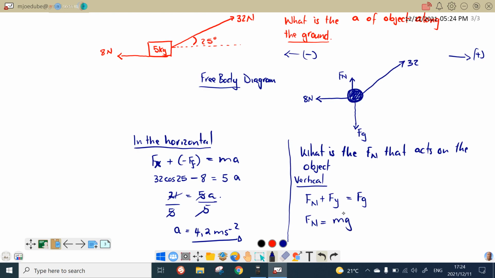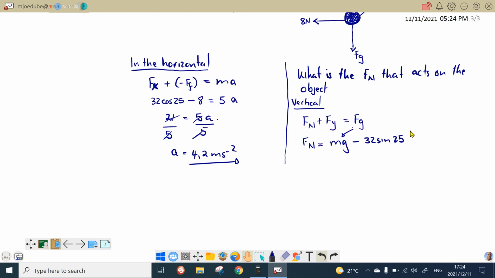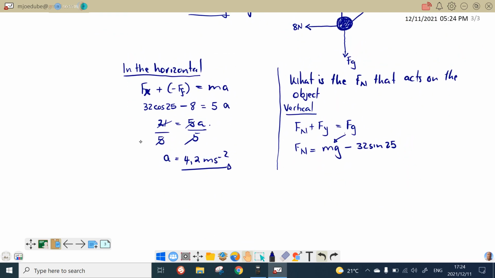Your Fy is your 32 sine theta, or sine 25. Now when you substitute that into your formula, you are going to have your Fn being equal to the mass, which is 5 times 9,8, minus 32 sine 25 degrees.